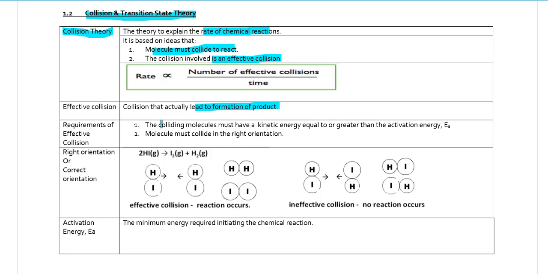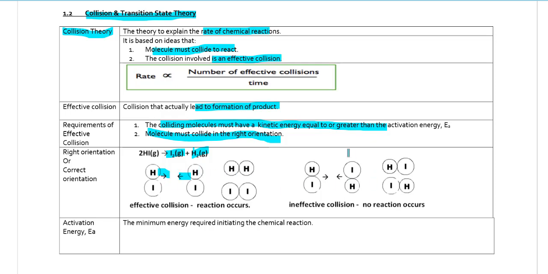The first one, the colliding molecules must have kinetic energy equal to or greater than the activation energy. The second, molecules must collide in the right or correct orientation. Right means correct orientation. For example, I want to have I2 and H2 as product. When it is colliding, it must collide like this: H must be at the top, I must be at the bottom.